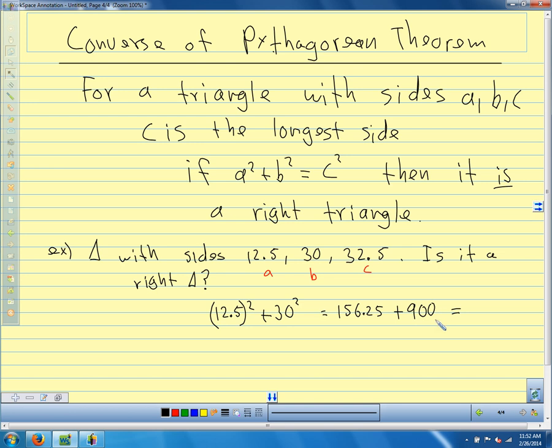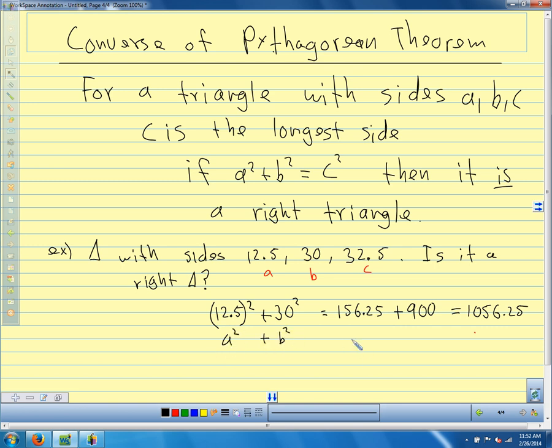When I add those together, I get 1056.25. So this is A squared plus B squared.